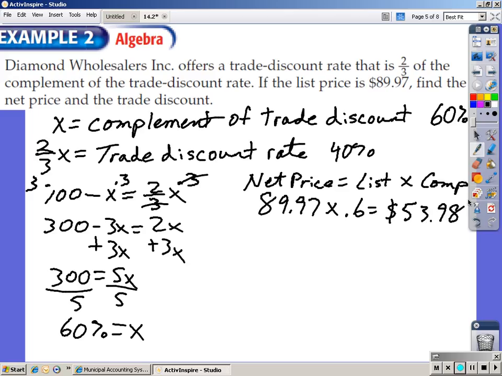Okay? Next question wants us to find the trade discount. And the formula for trade discount is the list price times my trade discount rate.